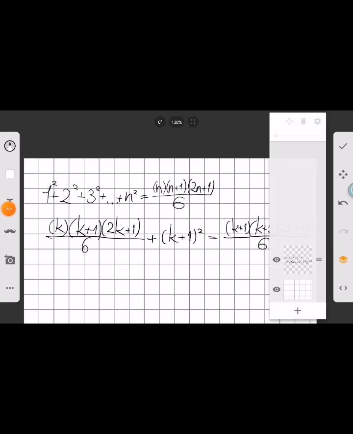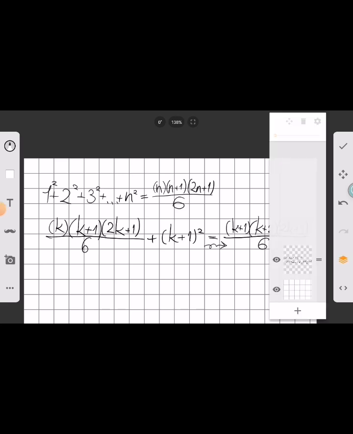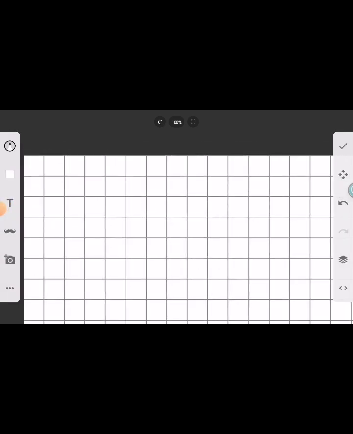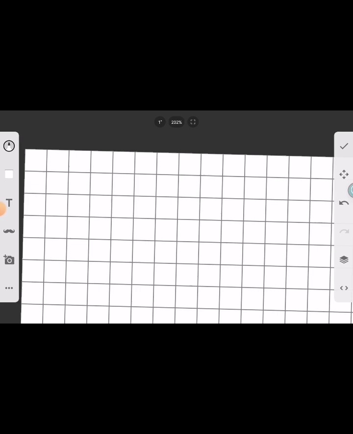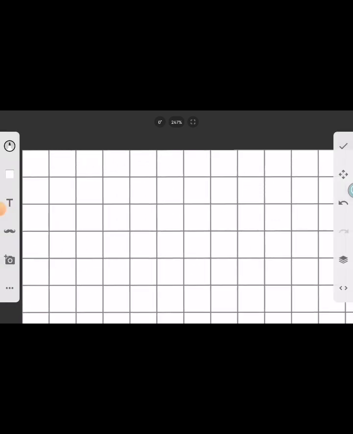And yes, this can be proven by induction, but I'm not going to do it. I'm going to show you how to derive this formula using what I like to call wavefront summation.